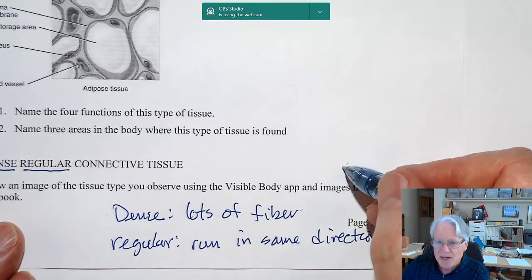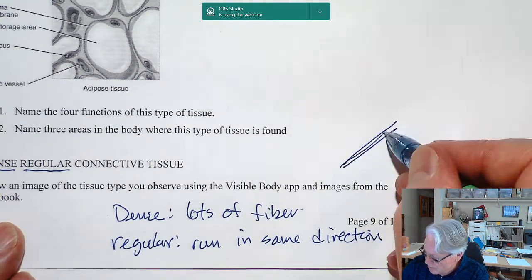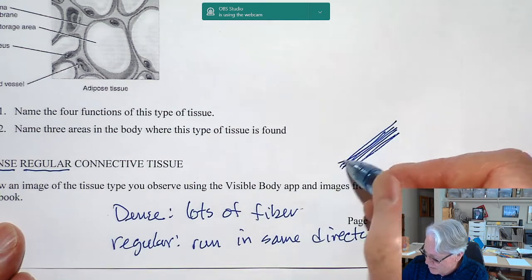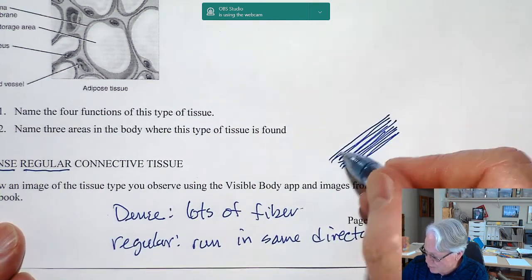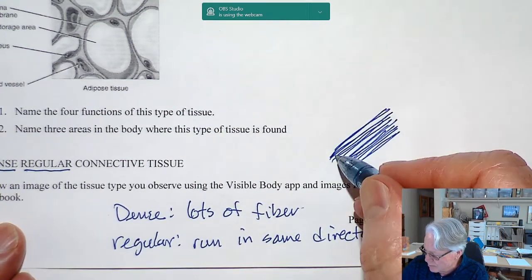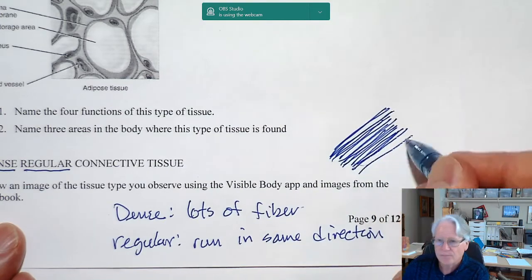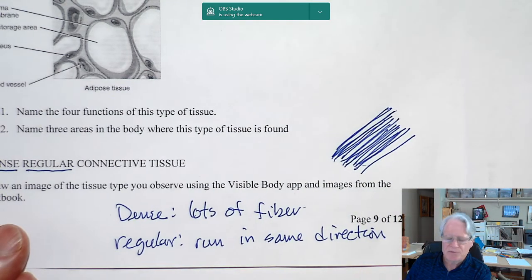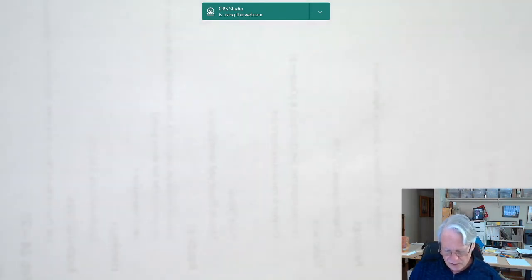So a lot of fibers densely packed together, and all of them running in the same direction. Like this. That would be an example of dense regular connective tissue. Let's take a look at the image.